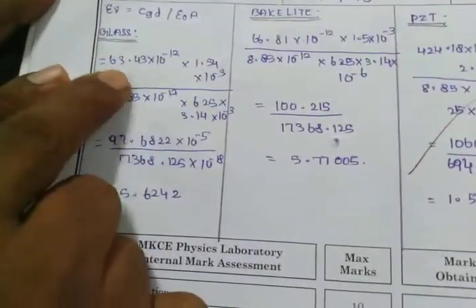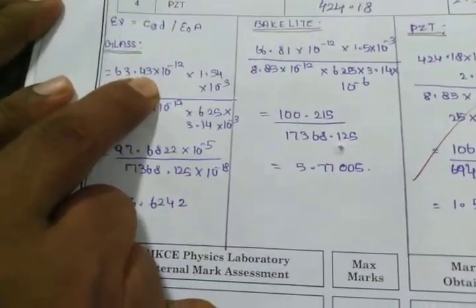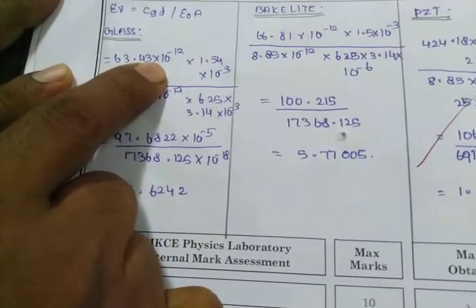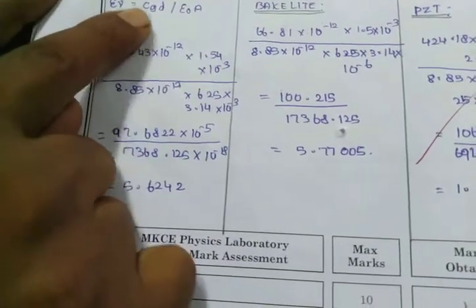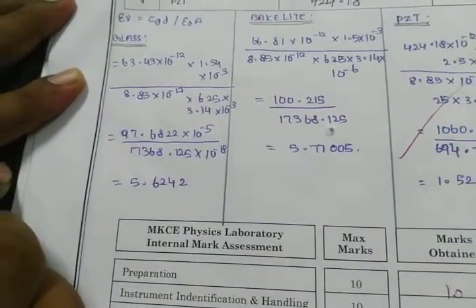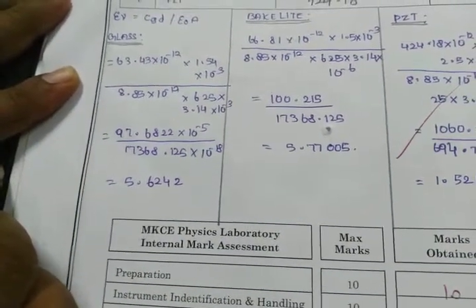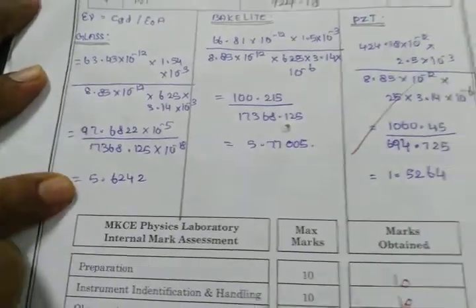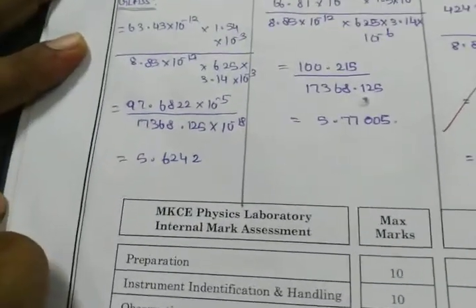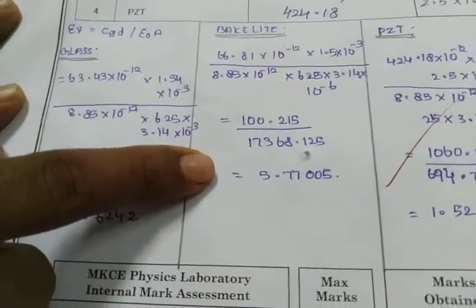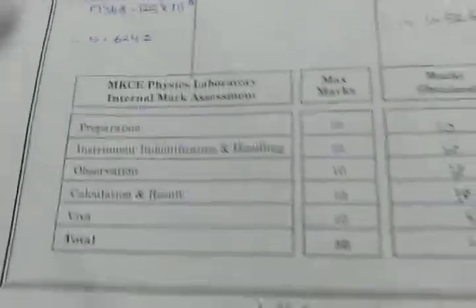Substitute the values here, and substitute the capacitance value. Don't forget that we got the capacitance value in picofarad, so multiply by 10 to the power of minus 12. Substitute the C, D, A values, and epsilon naught is a constant value, 8.85 times 10 to the power of minus 12. If you reduce the equation, you will get the dielectric constant of glass, backlight, and barium titanate. That's all.